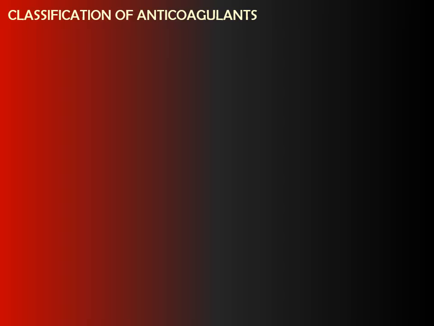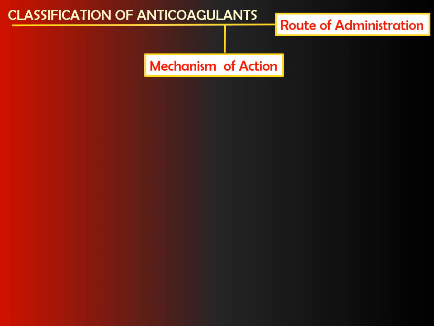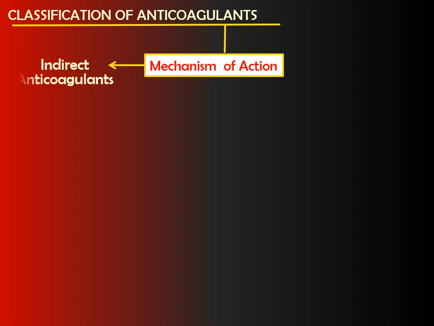So we can now classify the anticoagulants according to the route of administration and mechanism of action. هنبدأ بالmechanism of action. They can be classified either as indirect anticoagulants by inhibition of thrombin and coagulation factors such as factor 10A, but not by binding to the factors itself.